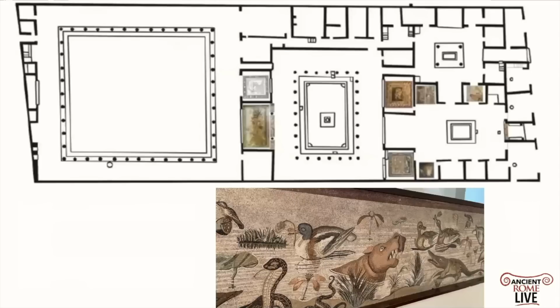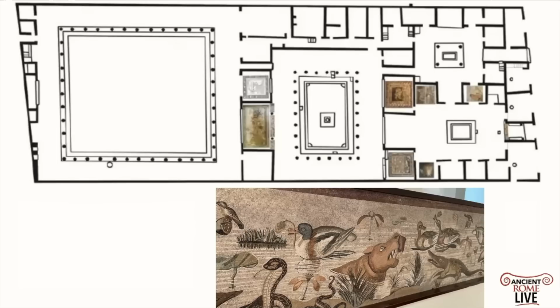Now, I mentioned before that there were other mosaics being laid out. Most of them are now in the Naples Museum. One or two are still in place, but there are a lot of Nilotic scenes.